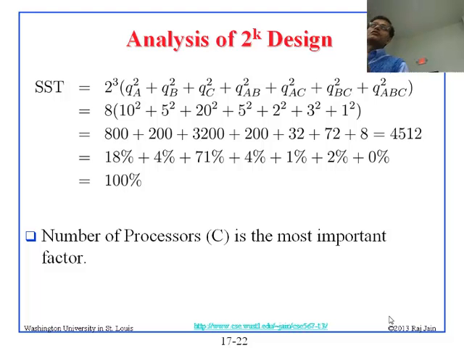If you care, then you go on further, otherwise you say done. Okay? In this case, interestingly, the interactions are not that large. And the three-factor interaction is very small actually. It's not 0, but it's small.